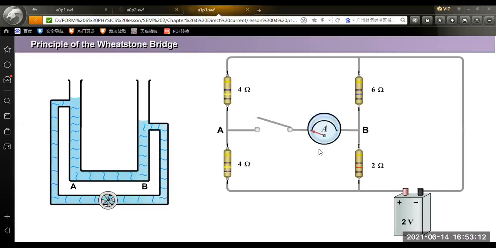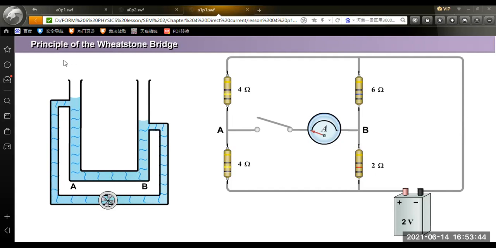Ladies and gentlemen, the slide shows 4 resistors, of which 2 are connected in series. 4 ohm is connected in series with 4 ohm. 6 ohm and 2 ohm resistors are connected in series. Now a battery with EMF 2 volt is supplied to the resistors.